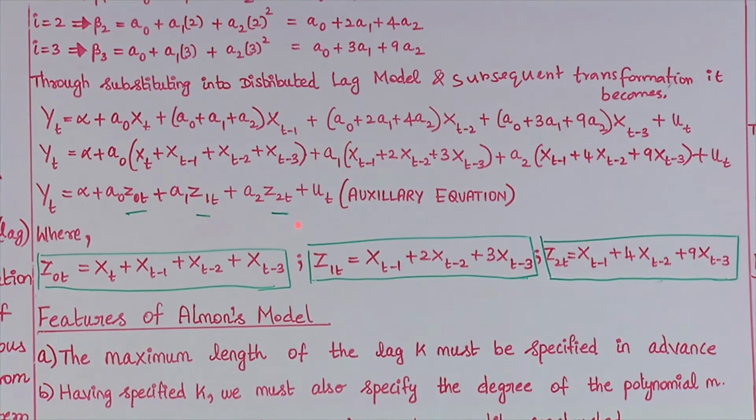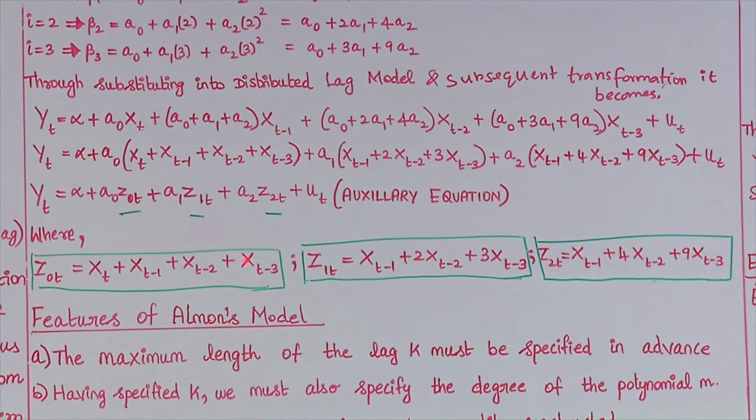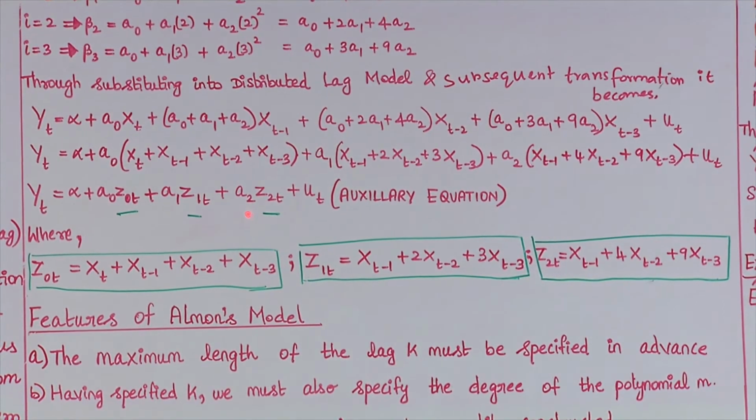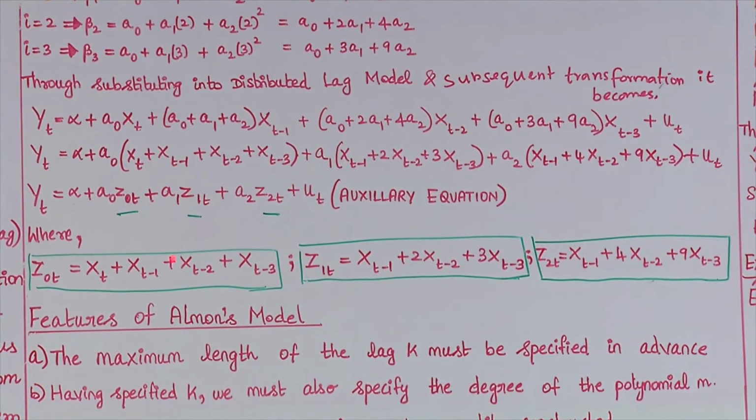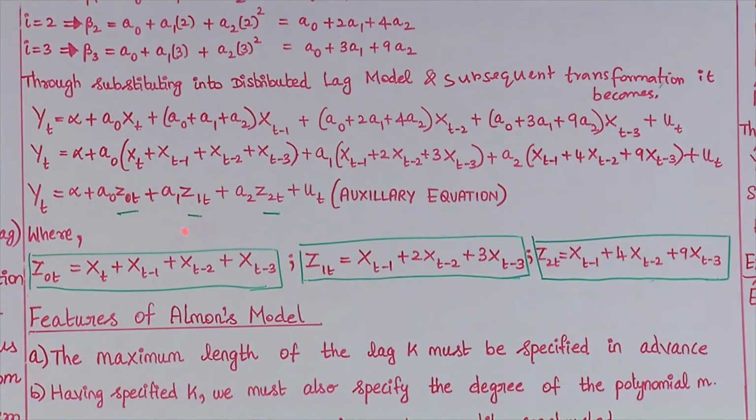This is taken as the auxiliary equation. So you started off with the main equation in terms of xt, and the auxiliary equation in terms of zt. The coefficients also differ. In the main equation, you have got all the coefficients in terms of alphas and betas. Here you have got alphas and a's. So the main equation is transformed into this equation.